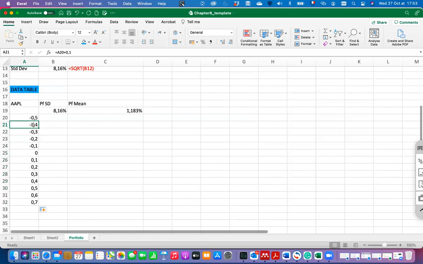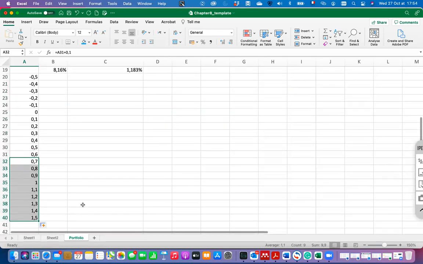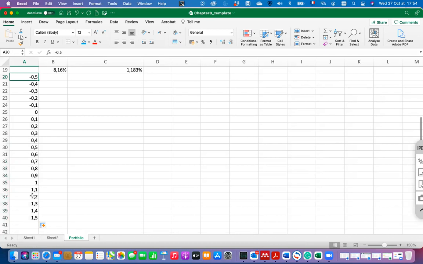Put for example minus 0.4 and drag it down. See, so from minus 0.5 to 1.5, from a short sale of Apple to a short sale of Google.